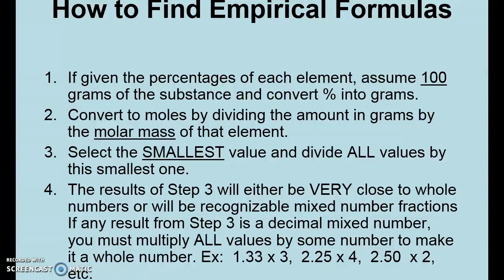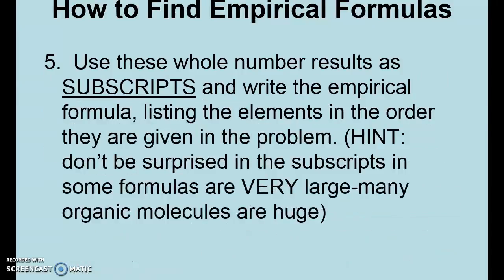And then in that step, you will either have whole numbers or something very recognizable as a decimal form of a fraction. So it'll be 0.33 for a third or 0.25 for a fourth. And in that case, you'll need to multiply all the values by some number to make it into a whole number. Once you get whole numbers, then those are the subscripts that you write in the empirical formula.